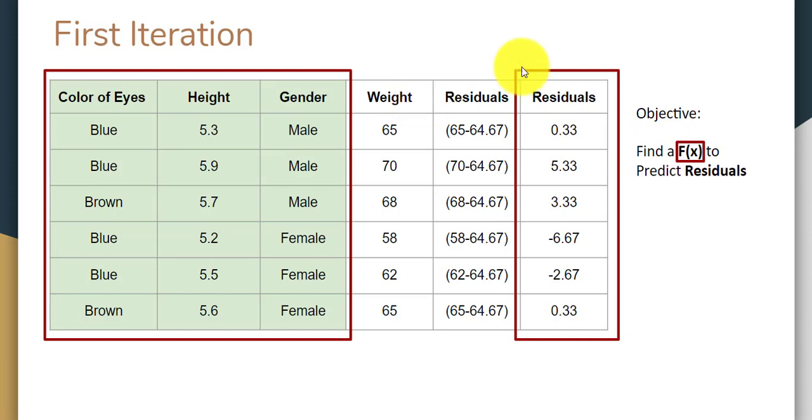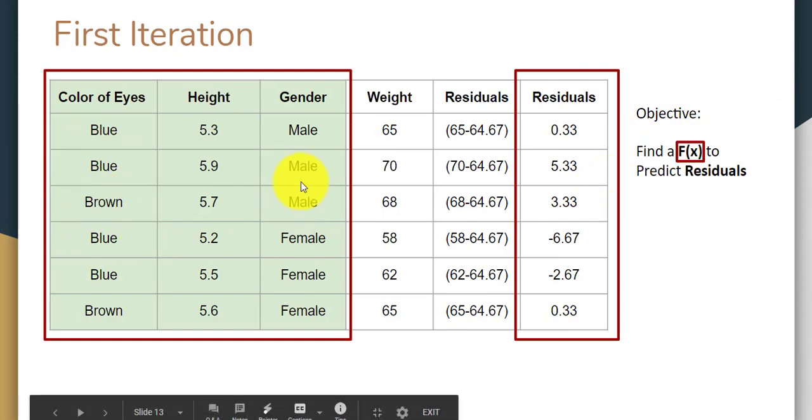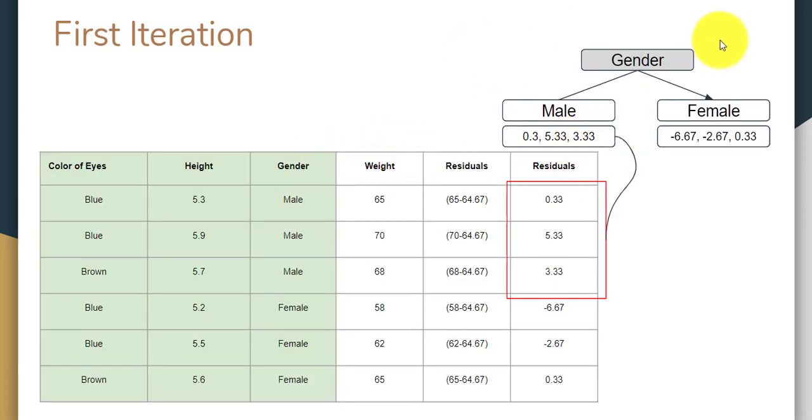Now the objective for our first tree in the sequence of multiple trees is to predict these residuals based on these three features again. Let's say my algorithm found that the best split happens at gender. For both genders, I have these residuals plotted over here.